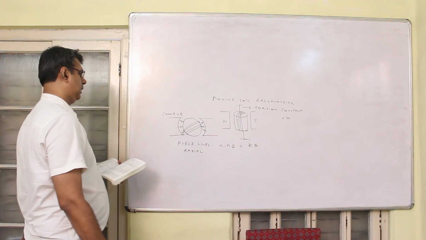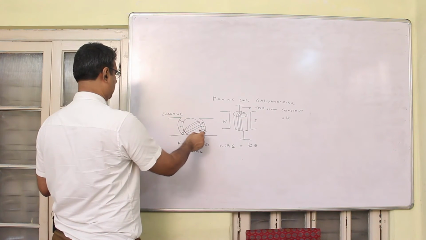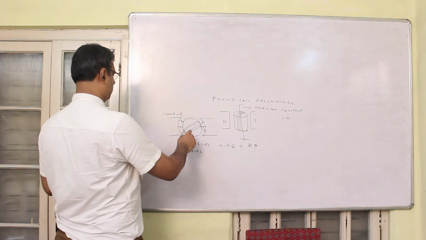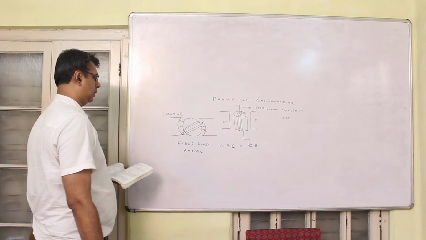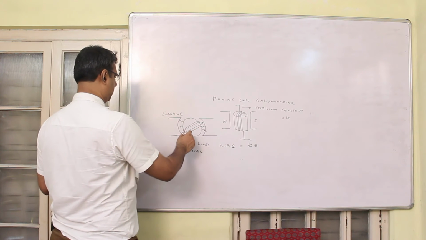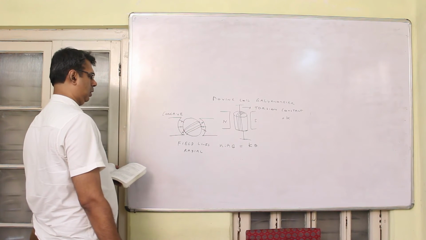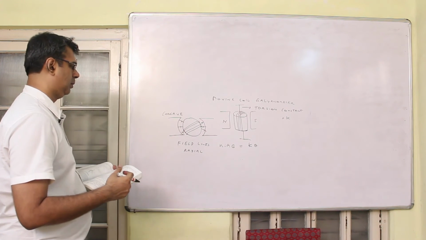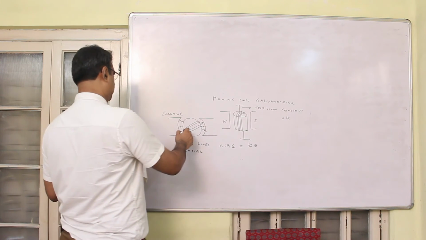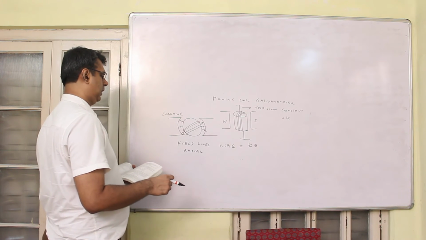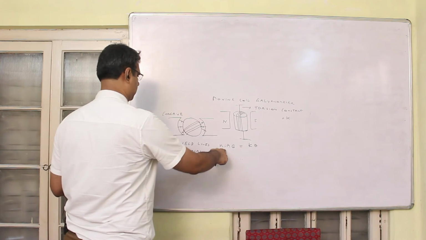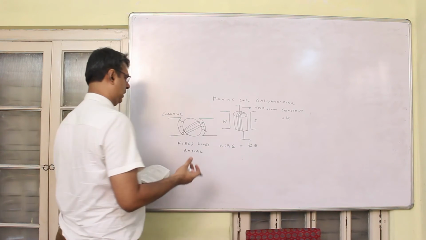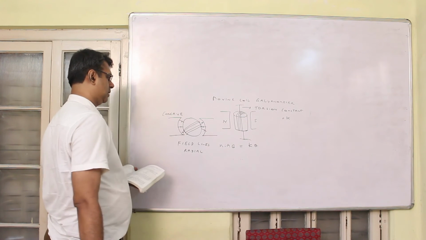For radial field lines, the field lines will always pass through the center of the soft iron core, and you will notice that the way the turns have been done, these turns are parallel to at least one or more than one field lines, and that is very important because it gives maximum torque. The radial field lines concentrate the magnetic field and therefore give maximum torque for a given current, because B is enhanced by the fact that the field lines are radial.